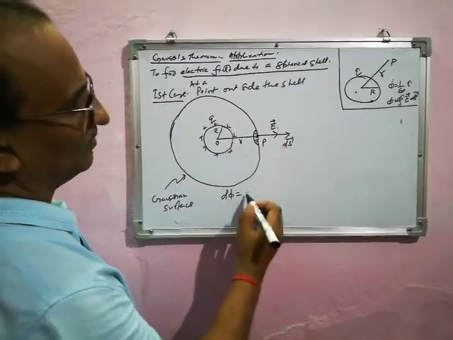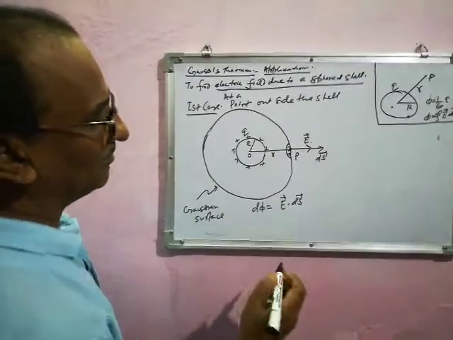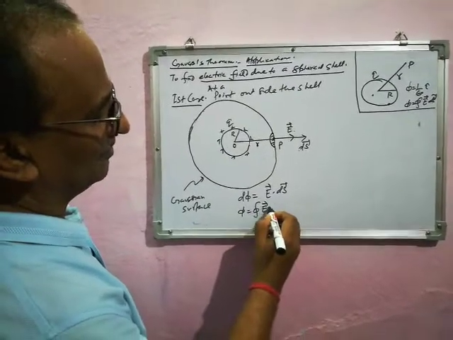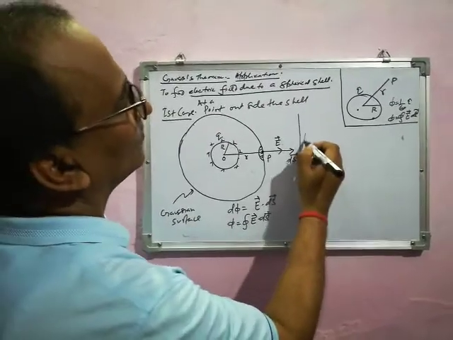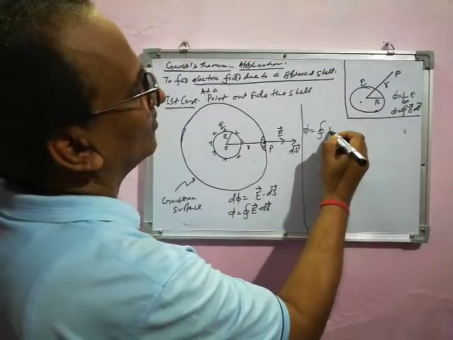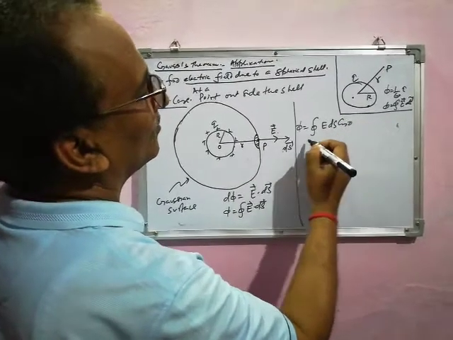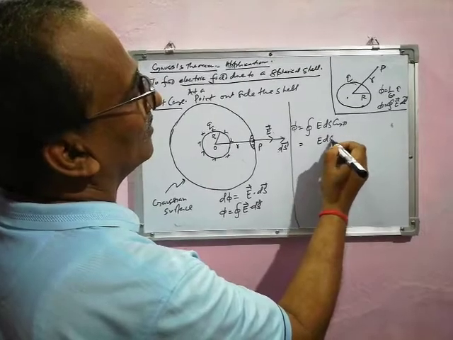The flux for this element is E dot ds, so total flux is the integral of E dot ds. It is equal to E ds cos 0, which becomes E ds.